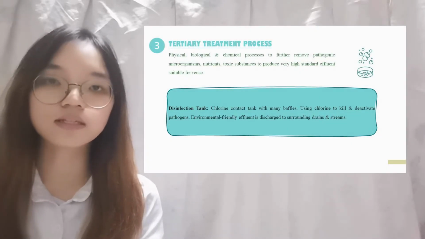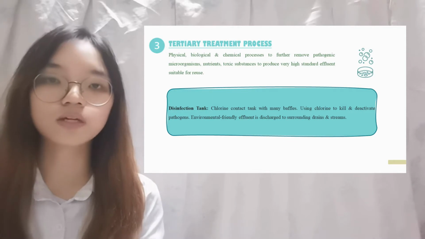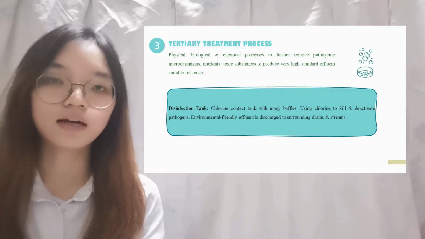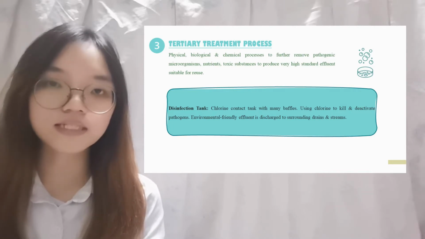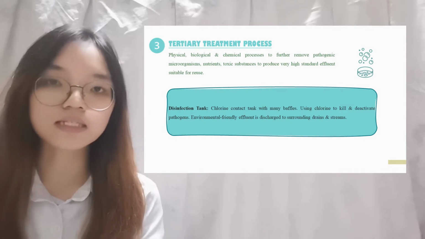Then the last stage is the disinfection. There is only one unit in this stage, which is the disinfection tank. In this stage, the wastewater will be further cleared of pathogenic microorganisms and toxic substances to ensure the effluent produced is harmless to be reused.